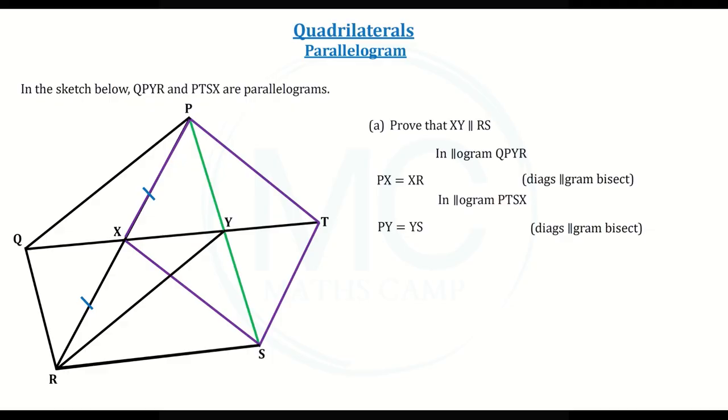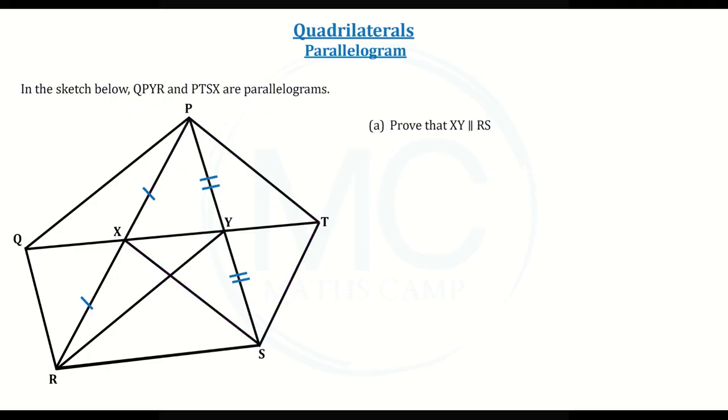On our diagram, let's put two blue lines on PY and two small blue lines on YS to show that these lines are equal in length. Now let's make some space and make our diagram black again.